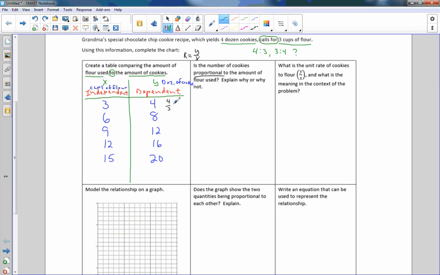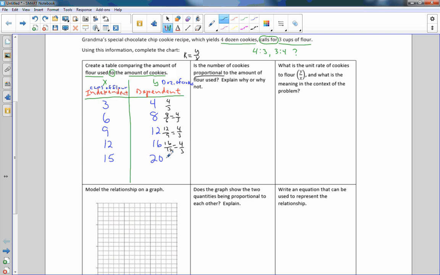So 4 over 3, 8 over 6 reduces to 4 over 3, 12 over 9, 12 divided by 3 is 4, 9 divided by 3 is 3, 16 over 12, 16 divided by 4 is 4, 12 divided by 4 is 3, 16 divided by 12 equals 4 over 3.